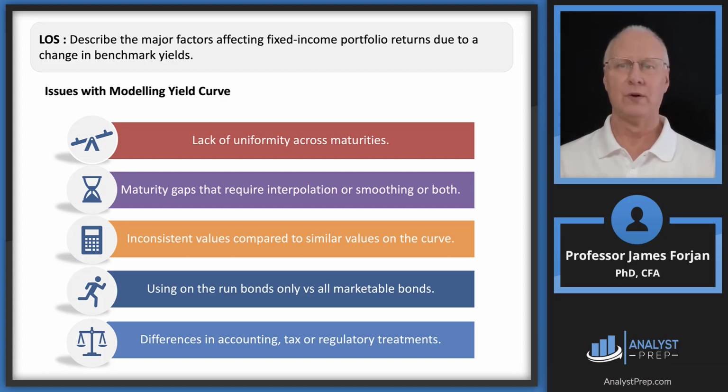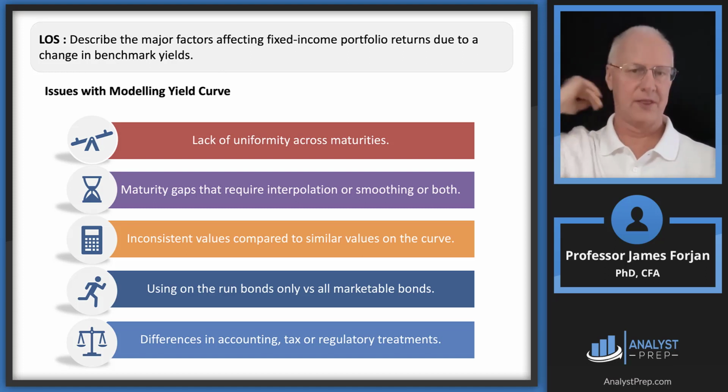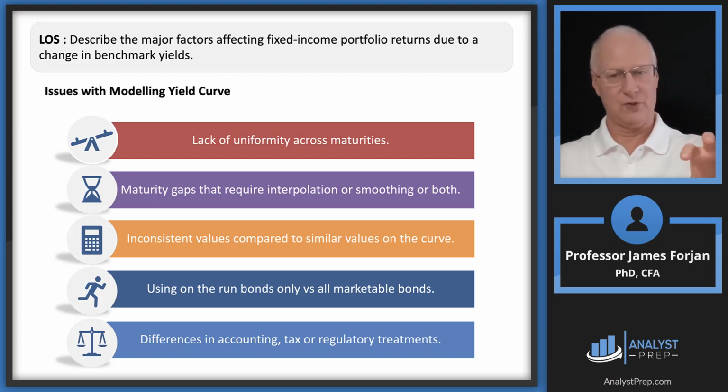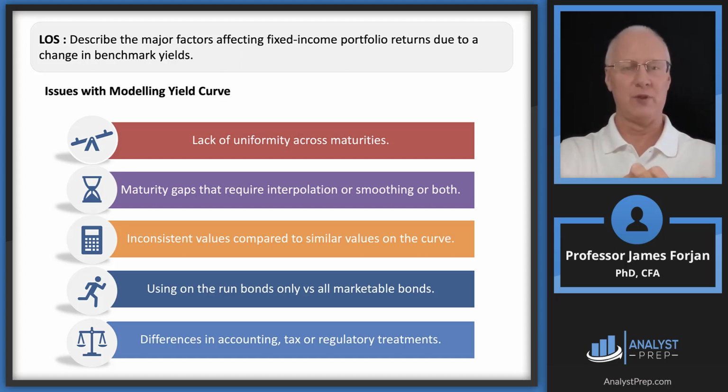As opposed to, I use this example regularly, 30-some years ago, Walt Disney issued a 100-year bond. Well, those bonds are still trading, but I bet 5 or 10 of those bonds trade hands today. So do you want to use that, or do you want to use the bonds that were issued by, pick another large company, like Procter & Gamble?